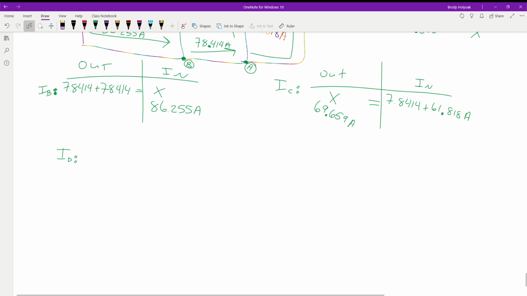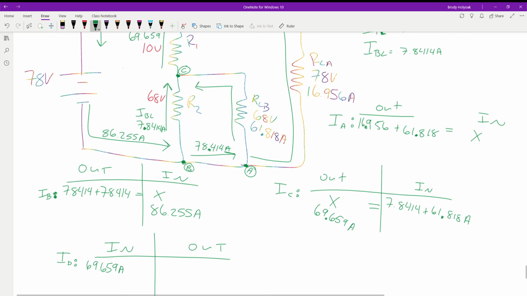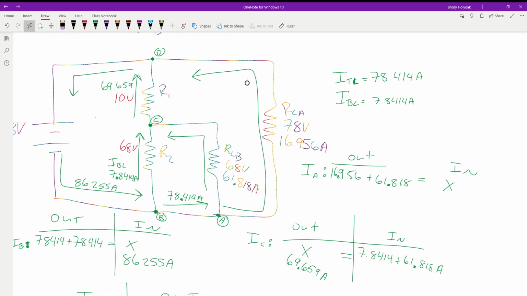Okay, so we know coming in and out at point D, we know we have the 69.695 coming into it because we just solved for that value. What else do we have coming in, coming out of that node? We've got this 16.956 coming into this point as well.